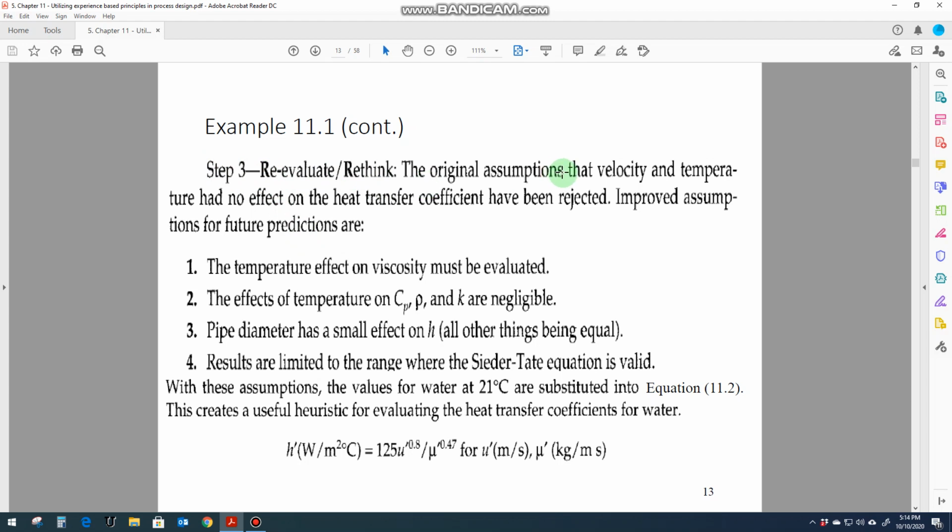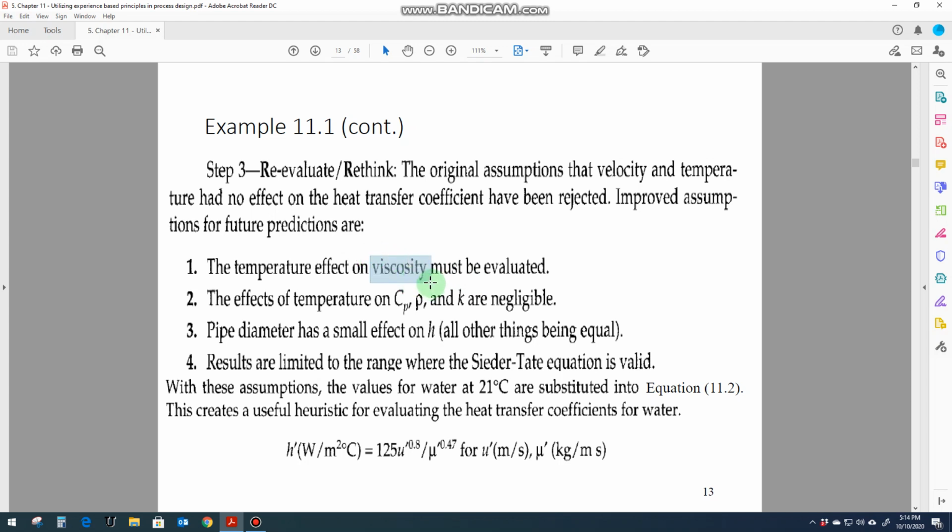The original assumptions that velocity and temperature had no effect on the heat transfer coefficient have been rejected. Improved assumptions for future predictions: the temperature effect on viscosity must be evaluated. Now there is some effect between the temperature and the viscosity.